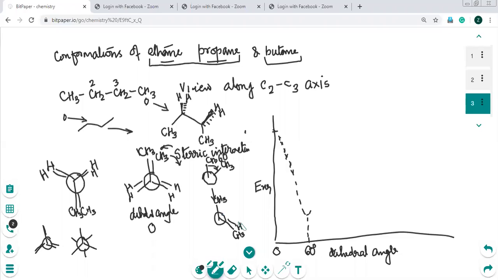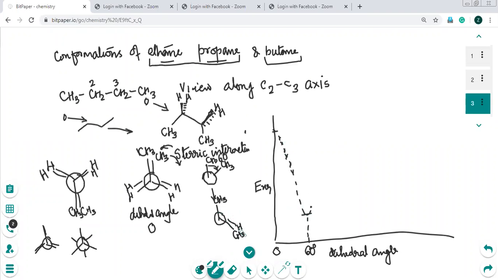CH3 and H, again it is eclipsed. Remember, all the eclipsed conformations have maximum energy. All eclipsed will have maximum energy, and all staggered will have the minimum energy. So here is the first minimum at 60.